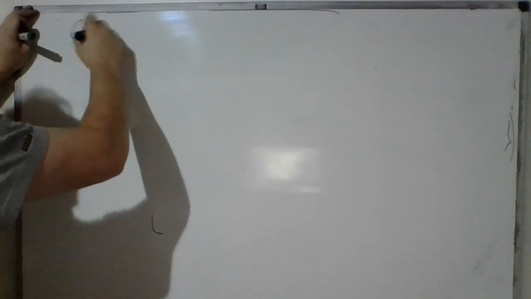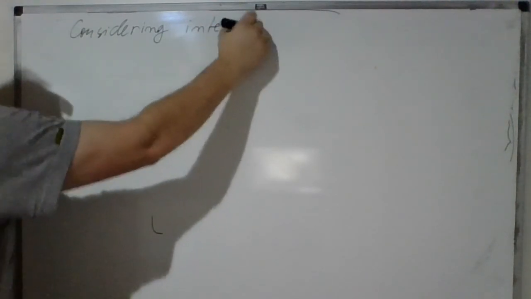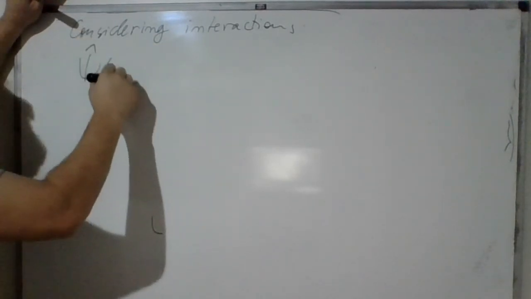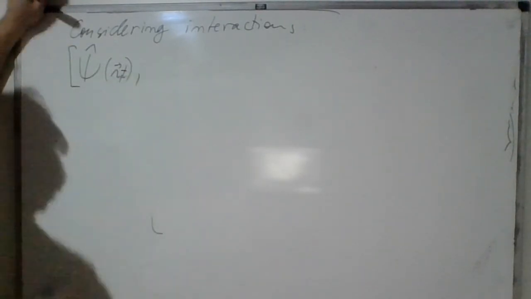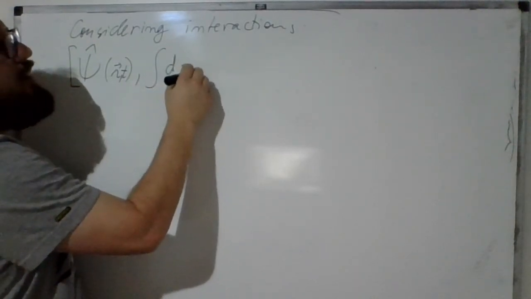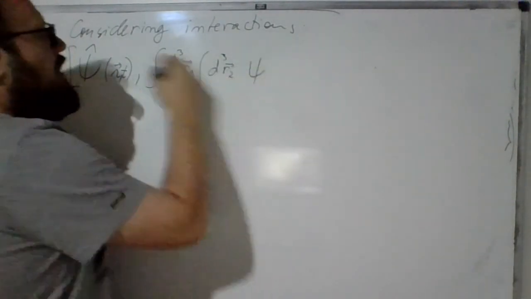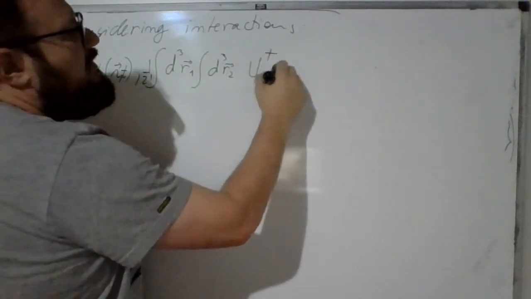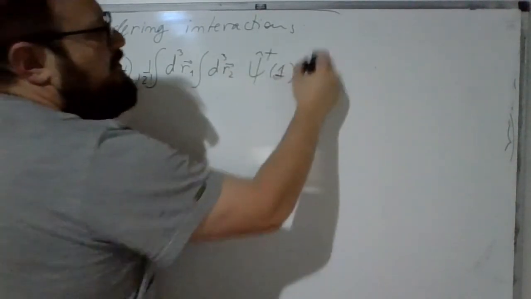If you consider the second order, you need to consider second order interactions. What you need to do is calculate psi of r at the same time t, the commutator with the second part of the Hamiltonian, which is the integration over coordinates r1, coordinates r2, and this will be 1 over 2 factorial psi dagger of r1, which is just denoted by 1, psi dagger of 2.